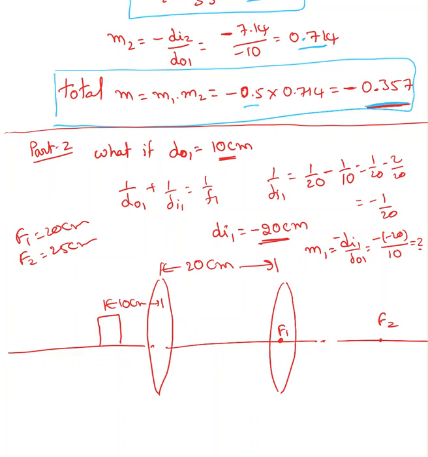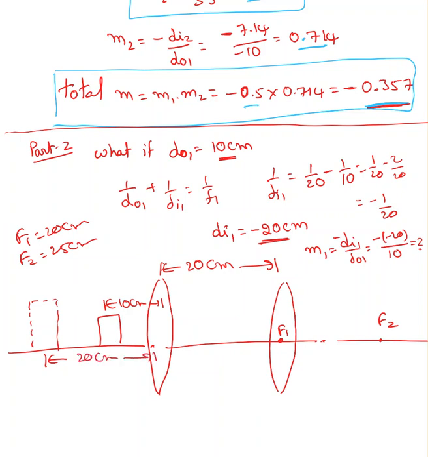So the image we're going to see in front of the lens is a virtual image, 20 centimeters away from the lens, and it is twice bigger than the object. Whenever you see an image in front of the lens, that's called a virtual image, because for the lens it looks like the object is at this point, but the real object is 10 centimeters away.